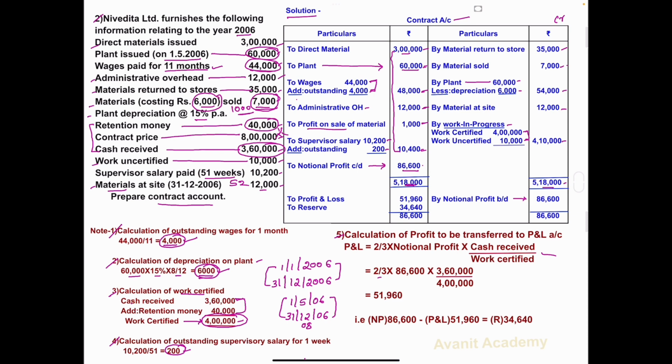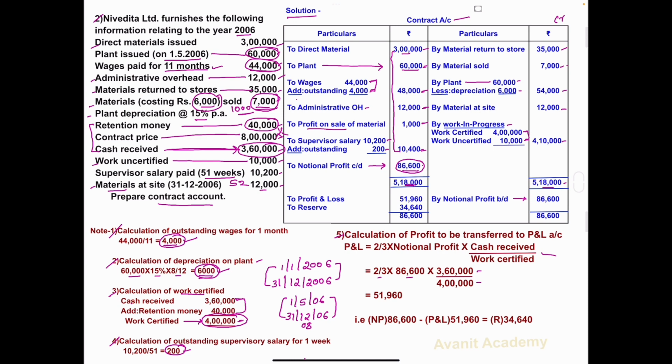2/3, same, we will write notional profit. So in this problem, we have got 86,600 notional profit. So write here 2/3 into 86,600 into cash received. See the problem, cash received amount is 3,60,000. We'll take here. Work certified amount is 4 lakh.